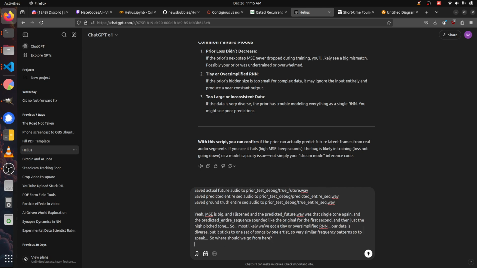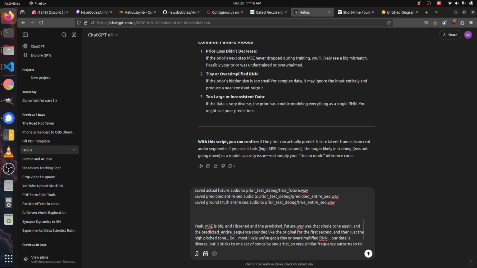Should we change the architecture of the RNN to include more layers or parameters? And just in case, here's the config YAML again to see what I'm using.